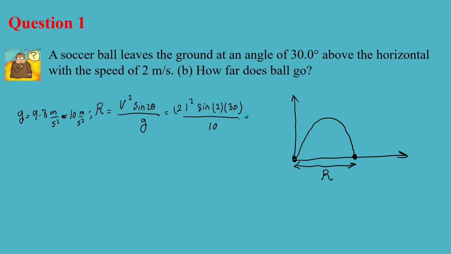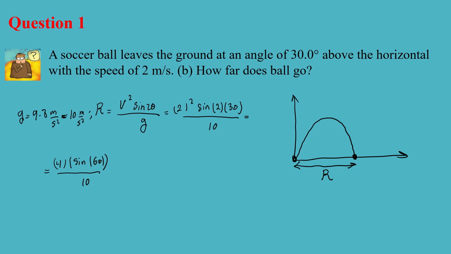So if I calculate it, my answer is going to be 4 times sine 60 divided by 10. The common mistake here is to calculate the sine of 30 and then double it.